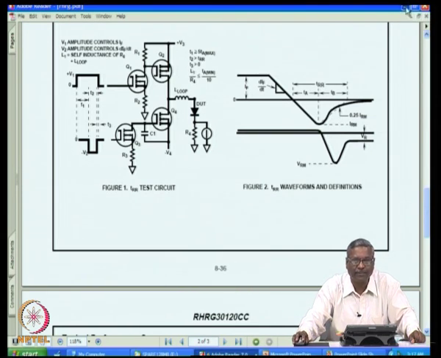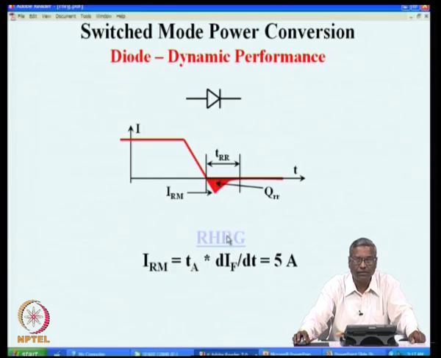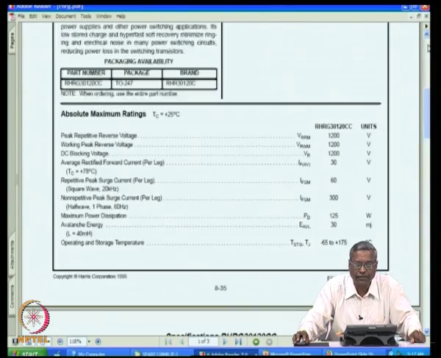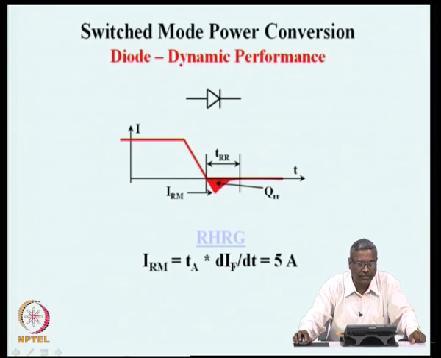So, from these given numbers, you can see that when the device recovers, this is a 20 ampere device. Let me see. Yeah, this is a 30 ampere device. So, you can see that during recovery, it passes current in the opposite direction for almost 5 amperes.